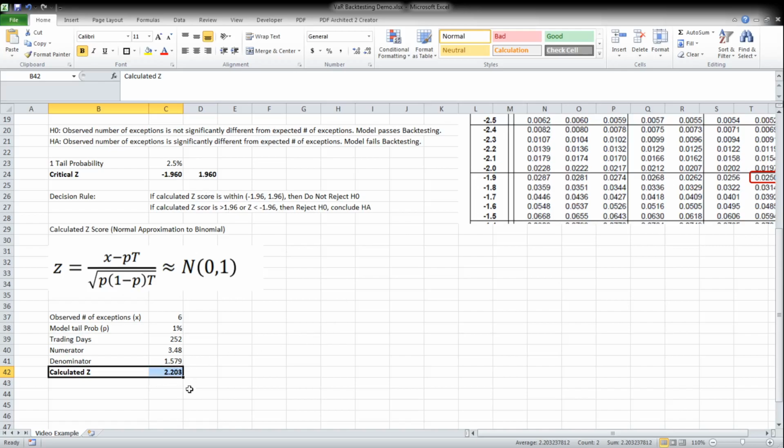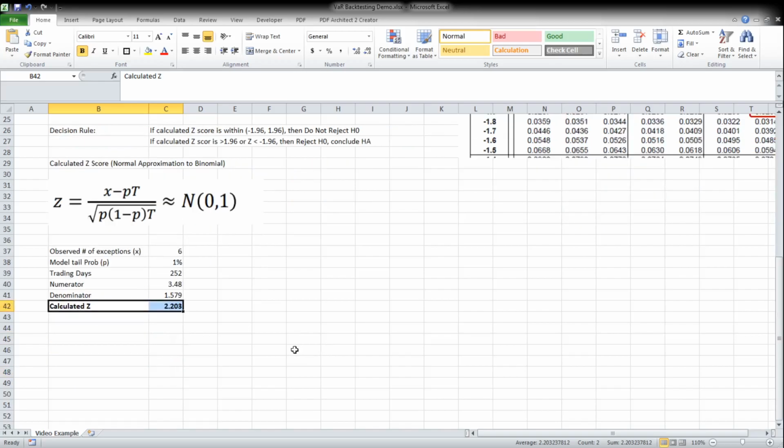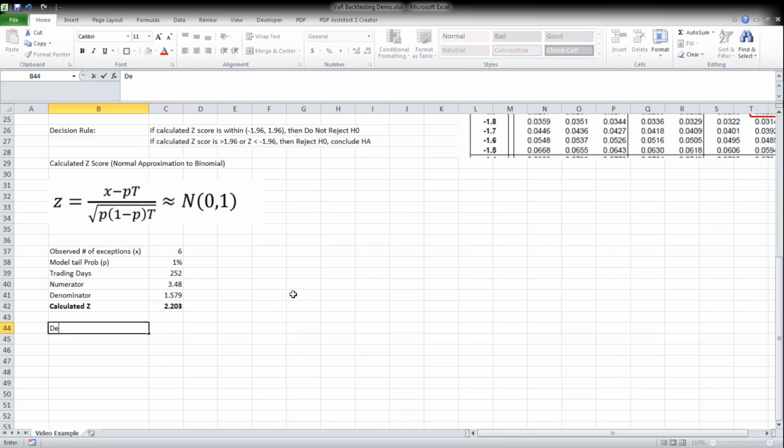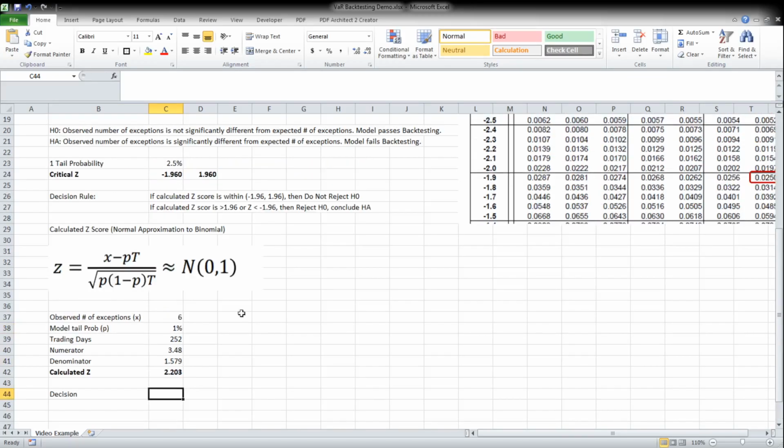And we need to compare our calculated z-score to that acceptance region. So our decision is, our 2.2 calculated z-score is outside of the acceptance region.